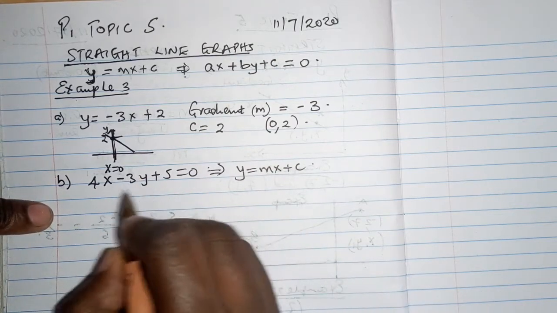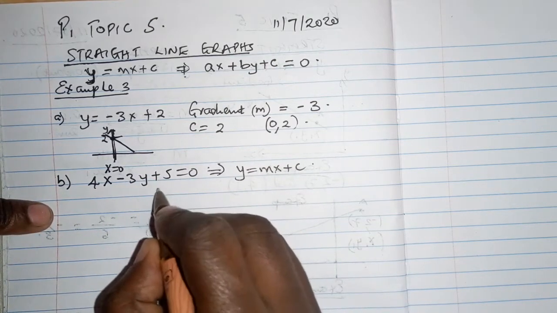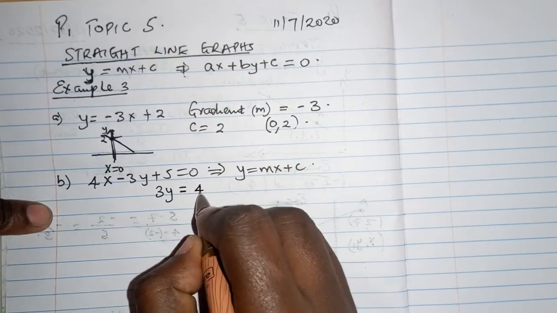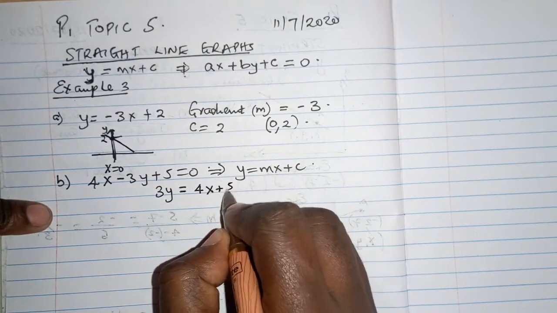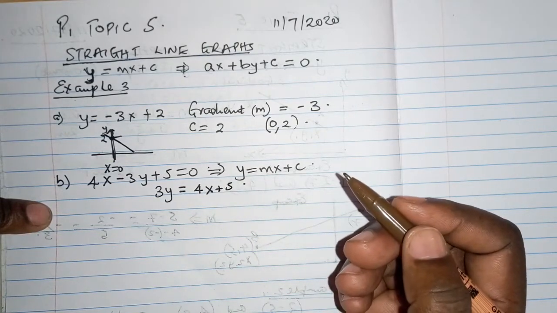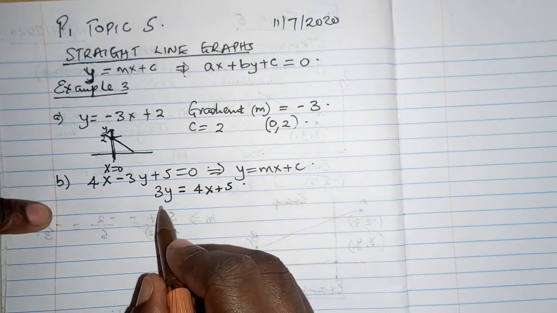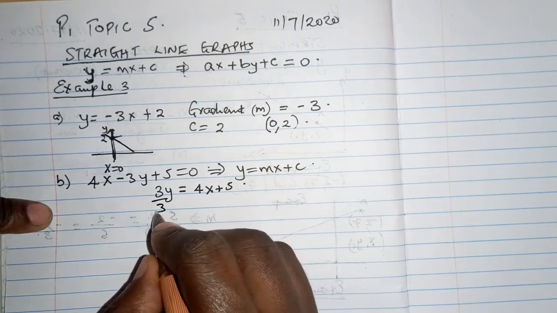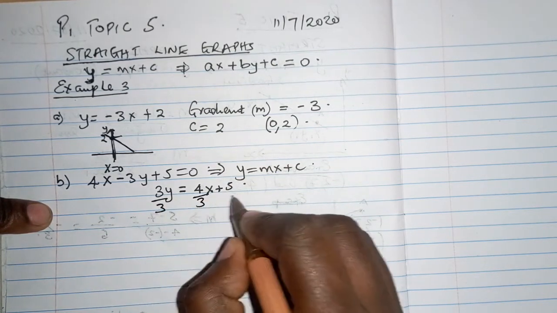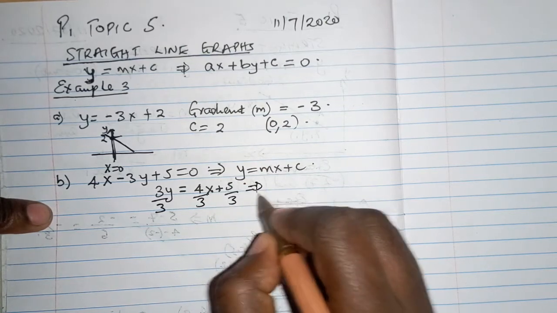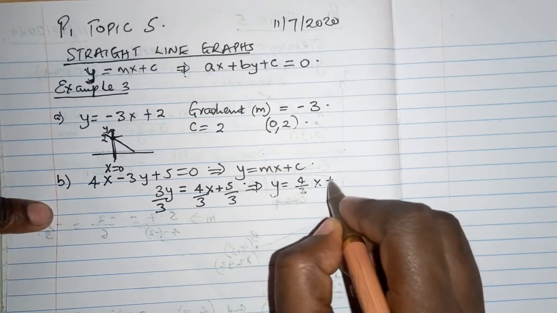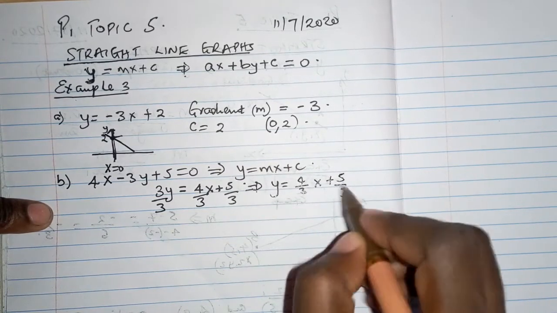If we take negative 3y across, we have 3y equals 4x plus 5. To make y the subject, we divide all the terms by 3, so we have y equals 4 over 3 x plus 5 over 3.